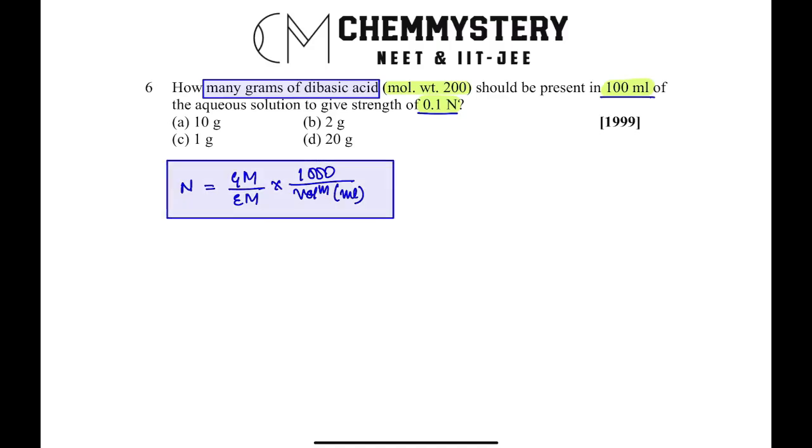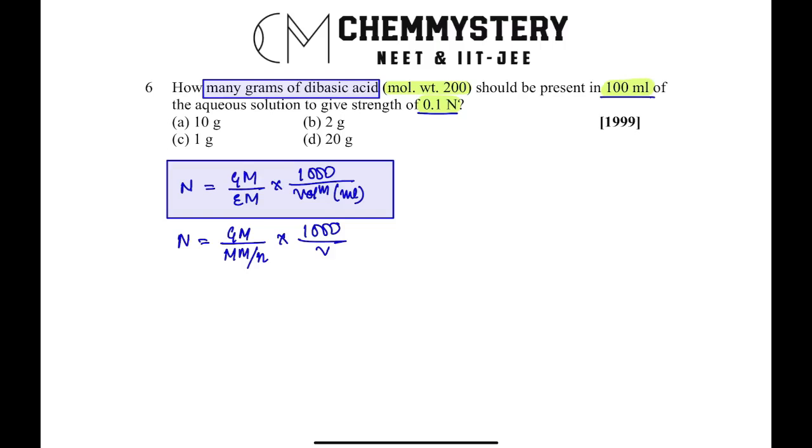Instead of writing equivalent mass, we can also write it this way. Normality is equal to given mass. What is equivalent mass? Equivalent mass is molecular mass divided by the n factor, into 1000 by volume.